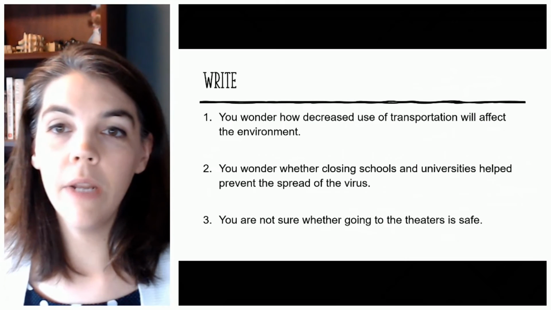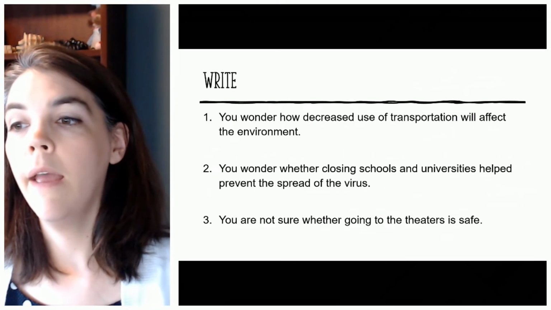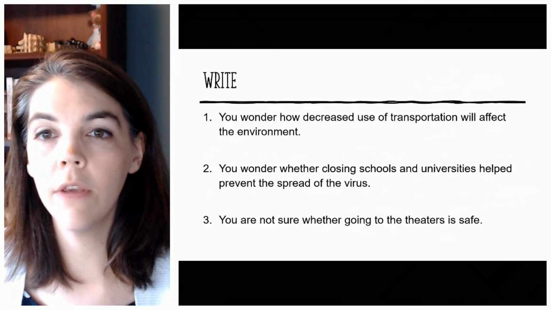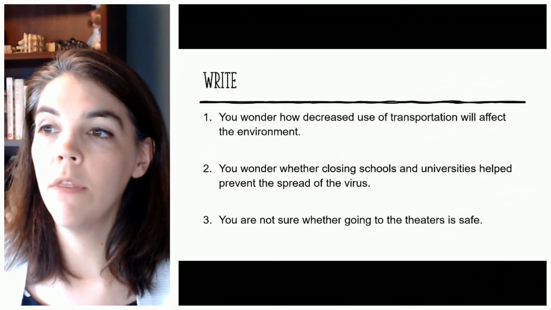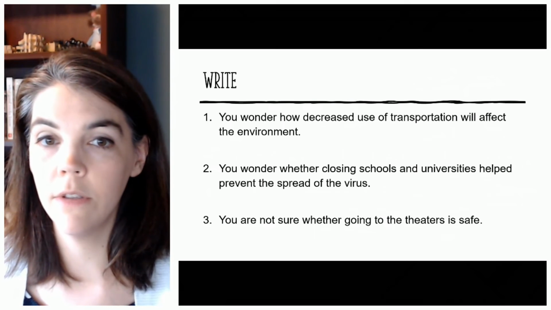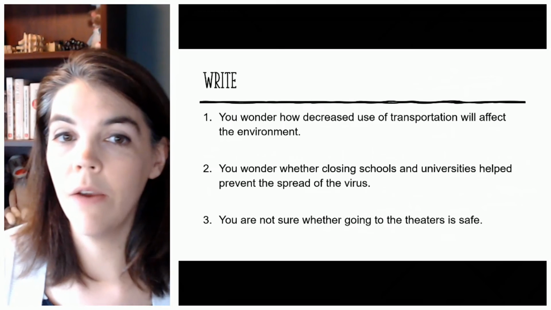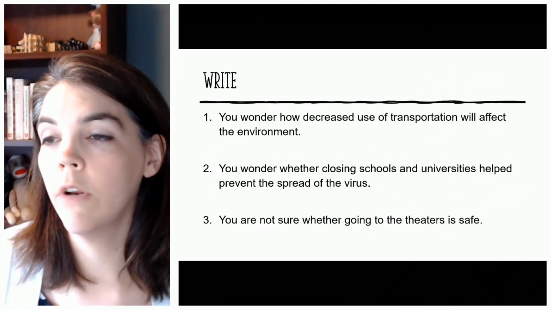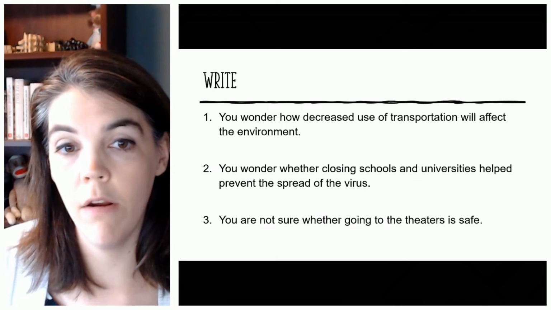All right, so now let's try some writing. I have 3 situations here. Pause the video and then come up with a sentence that includes a modal of certainty in response to each of these situations. All right, now here's mine. So you wonder how decreased use of transportation will affect the environment.